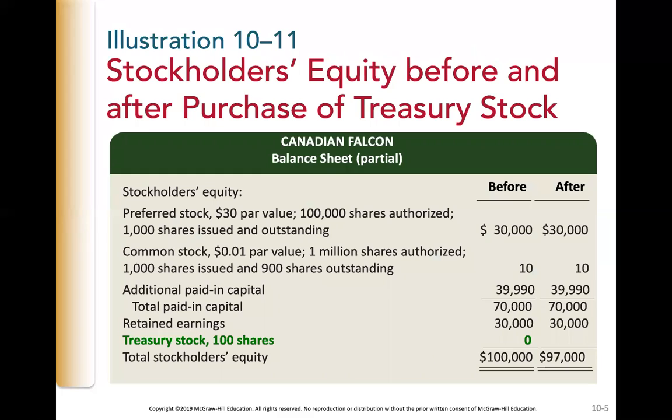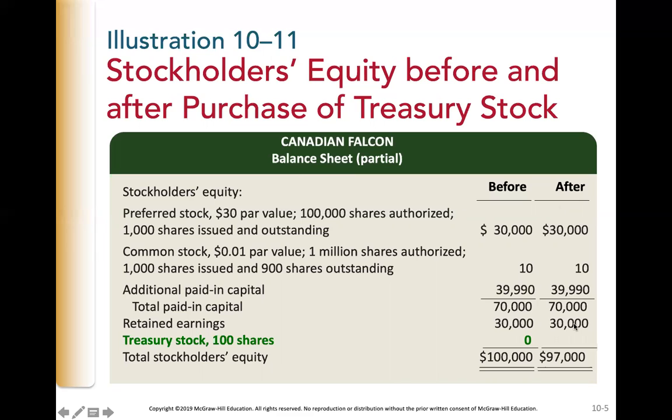So here's Canadian Falcon's partial balance sheet. We already looked at this column before in a previous video, so it was $100,000. Now we have purchased back treasury stock. There's no change in the preferred, no change in the common stock, and no change in the additional paid in capital accounts. These remain the same.